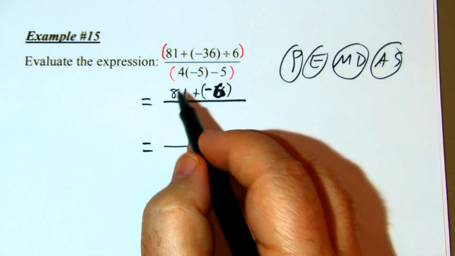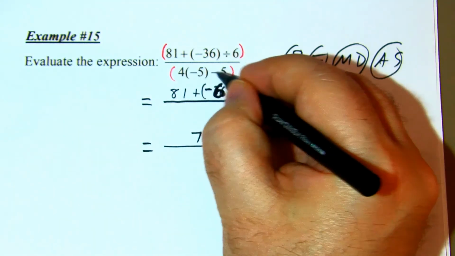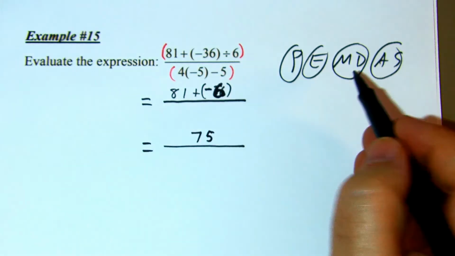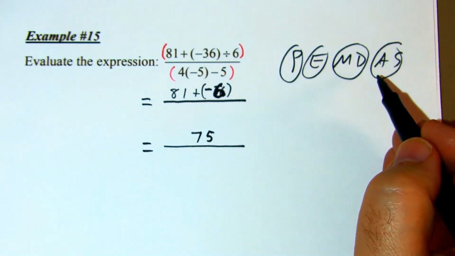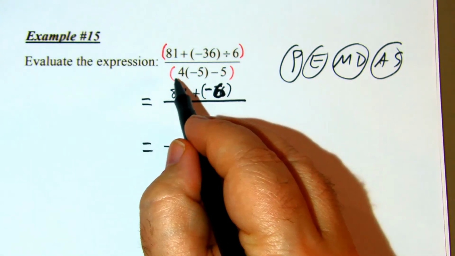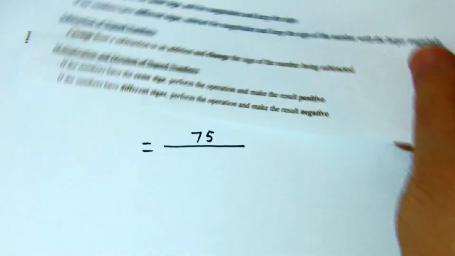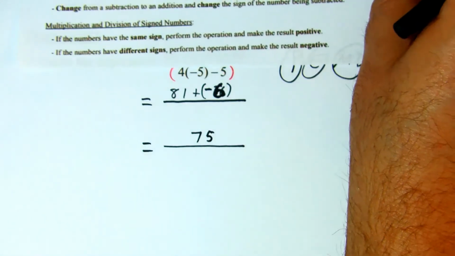On the bottom, notice this 4 is in front of parentheses, so there's a multiplication here. And there's a subtraction. So multiplication takes precedence over subtraction. This step with multiplication comes before the step with subtraction. And so I'm going to do 4 times negative 5. And here's where we looked at those rules a second ago. Let's see if that fits up there.